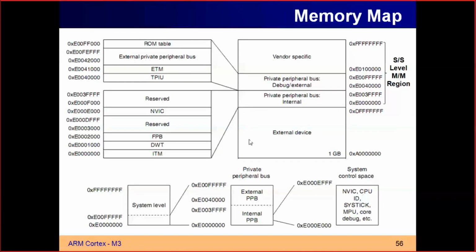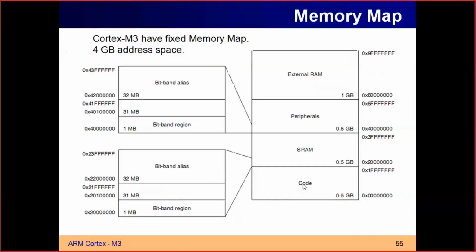If you write the program in code memory, your data will be in SRAM. So in parallel, you can fetch instructions as well as data through two separate buses. Which are those separate buses? Any idea? From code memory you can take the instruction, from SRAM you can take the data, through two separate buses simultaneously.